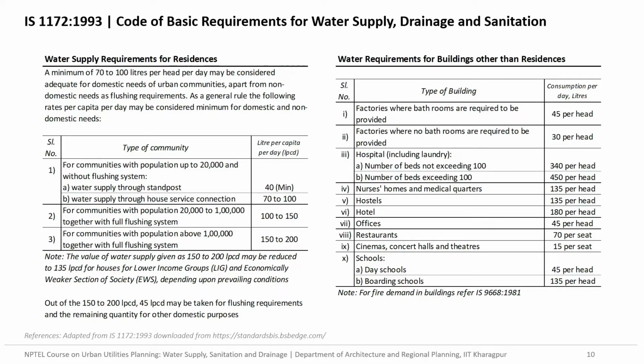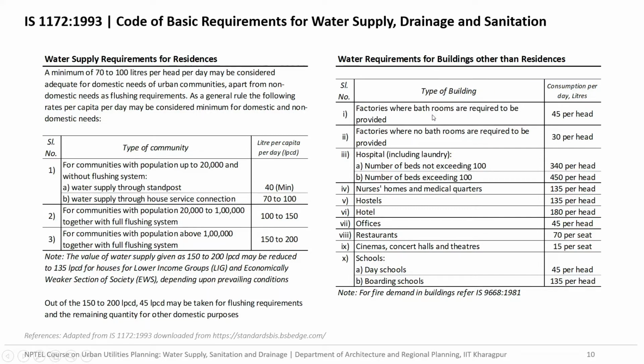So the standard that we usually take is 135 LPCD whenever we are working out a problem, when no other givens or details are given, and we know the city to be more than 20,000 in population. Towards the right, we see water requirements for buildings other than residences.